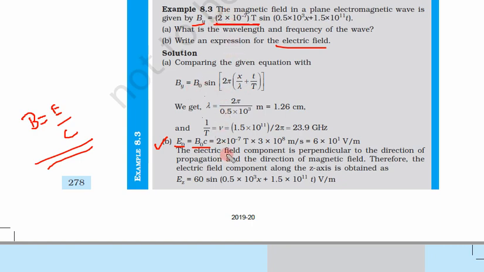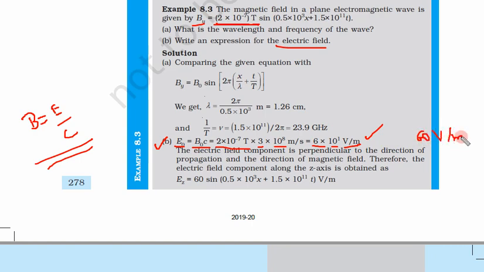When we compare, B0 is 2 into 10 to power minus 7 Tesla. C is 3 into 10 to power 8 meter per second. Let us multiply. 3 into 2 is 6, minus 7 plus 8 is plus 1. The electric field is in volt per meter. So this is our E0, 60 volt per meter.